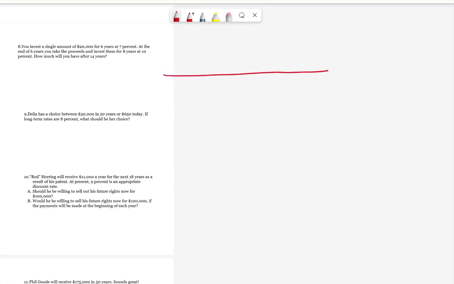So your N is 6 years. In this case, the 20,000, and then what is your IY? In this case, the IY is 7%. Whatever money we have, we're going to take it for another 8 years.